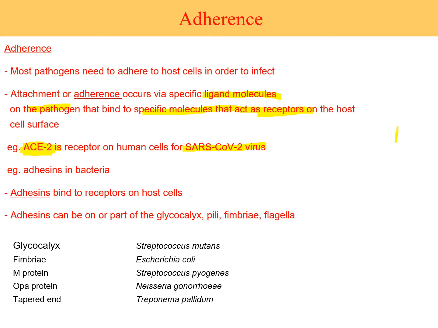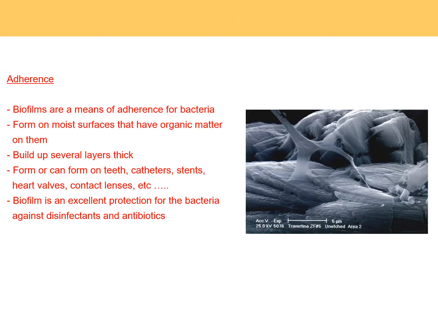And here are some examples in black ink, so they're just for your own interest if you want. Adherence really is an important part of the life history of microorganisms that remain on surfaces exterior to a body, but are important in terms of healthcare.